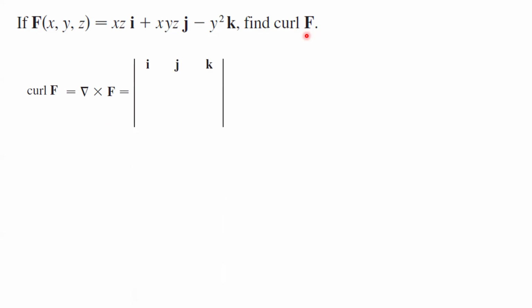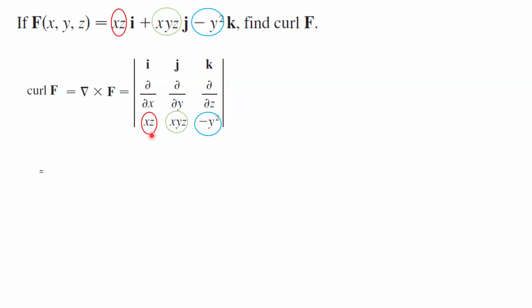On the first row, you're going to list i, j, k, showing the direction. On the second row, you're going to list the elements of nabla, which are partial derivative with respect to x, with respect to y, with respect to z. And on the last row, you're going to list the components of the vector field: xz, xyz, and negative y squared.